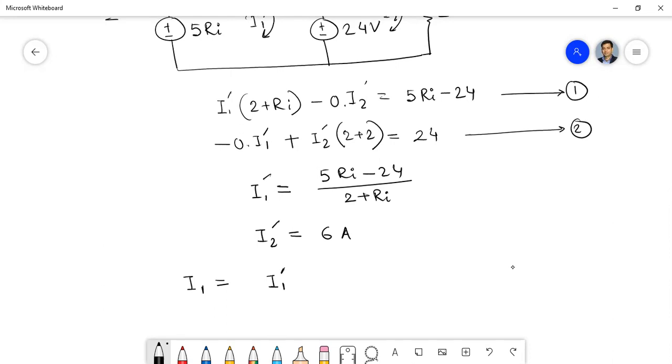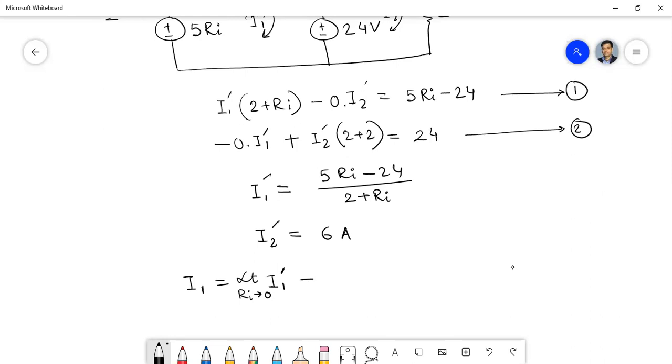Sir, we can take Ri to be very small, like 0.001 or something. Can we write this? Yes, sir. Okay, so that means I1 is the value of I1 prime only, but at the limiting case when the Ri is very small or almost 0.